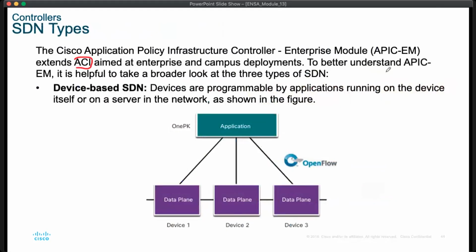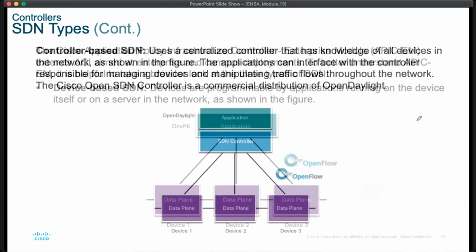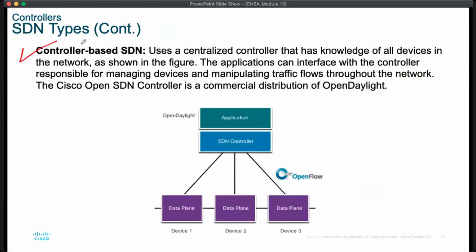To better understand APIC-EM, it is helpful to take a broader look at the three types of SDN. First, device-based SDN. Devices are programmable by applications running on the device itself or on a server in the network, as shown in the figure below. Second, controller-based SDN.